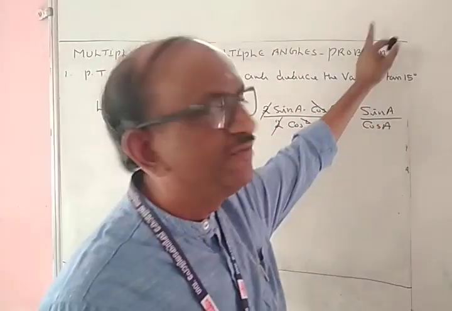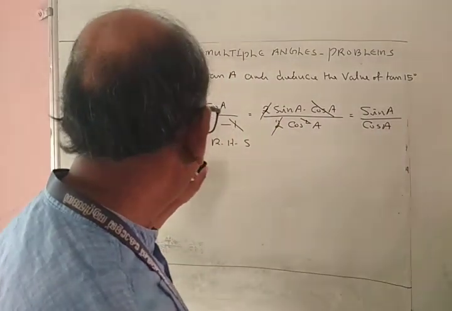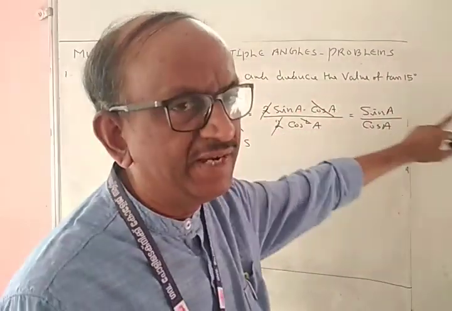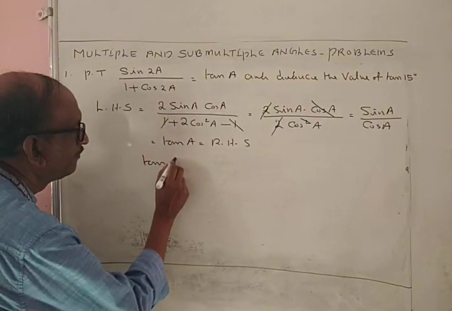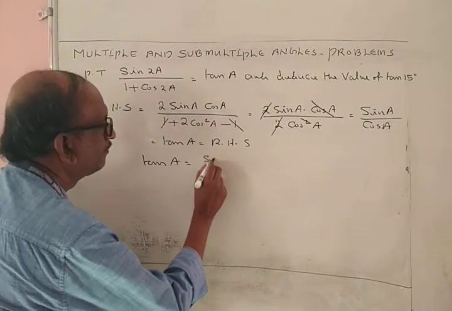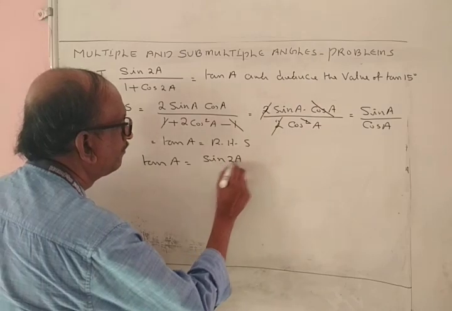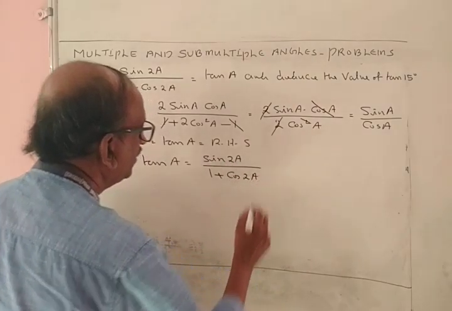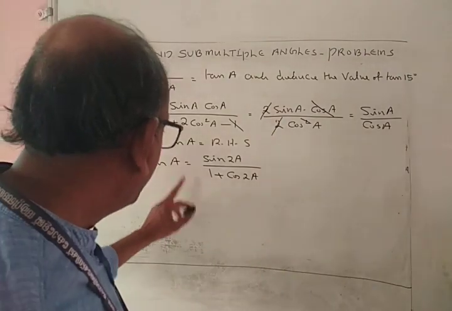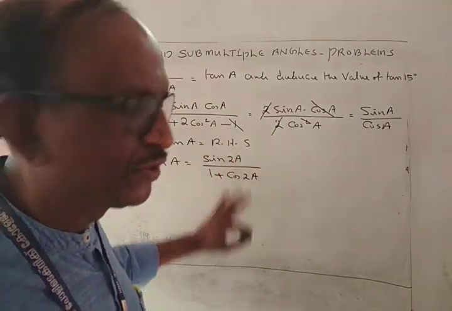Then next find the value of tan 15 degree. Replace a by 15 degree, we get tan 15. We just proved that tan a is equal to sin 2a by 1 plus cos 2a.